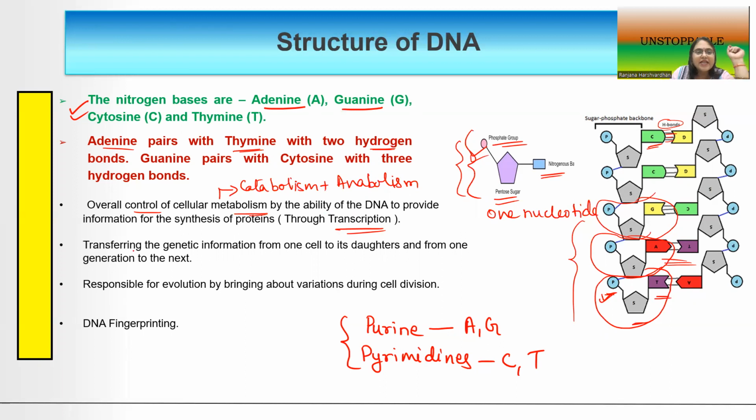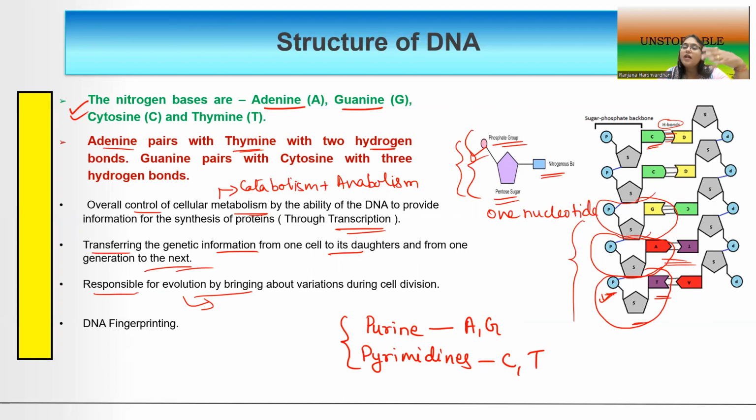Okay. The next is, of course, we all know, transferring the genetic information from one cell to its daughters and from one generation to the next is also done by the DNA. DNA is also responsible for evolution. What is evolution? It is the change in the characters of an individual getting passed on from one generation to the next.